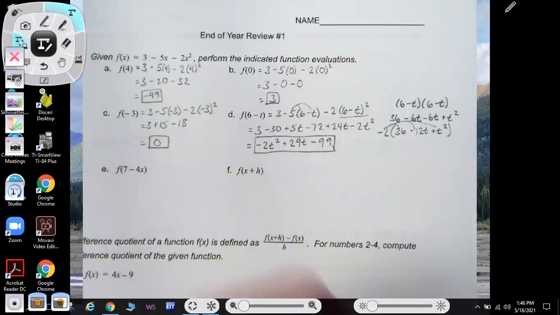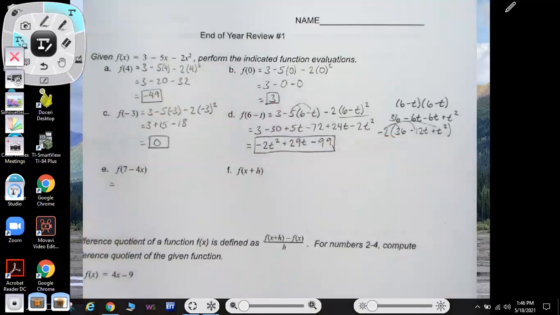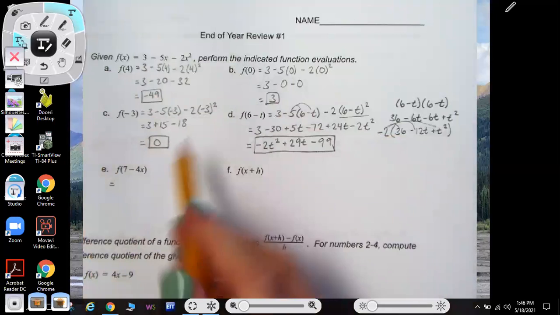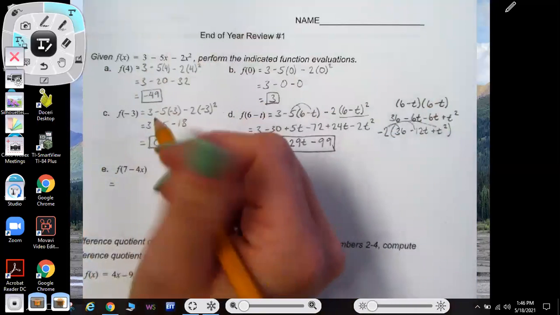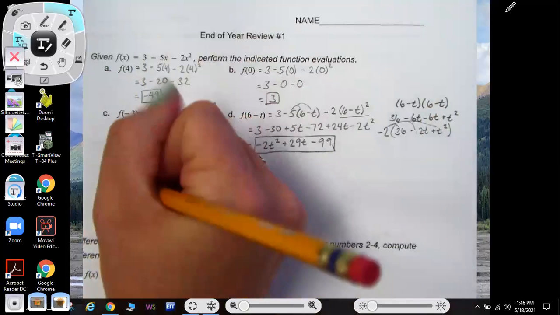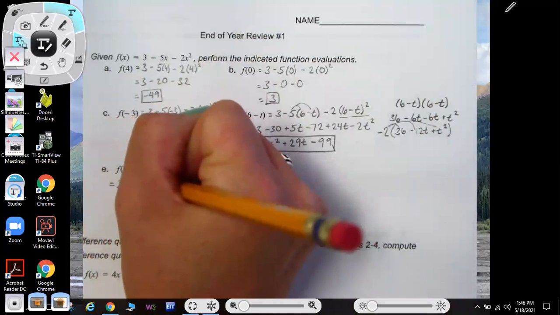Part E, I'm going to go ahead and start below just because I know I didn't leave enough room there for you guys. Sorry about that. F of 7 minus 4x, we're plugging in 7 minus 4x everywhere there is an x in our function.